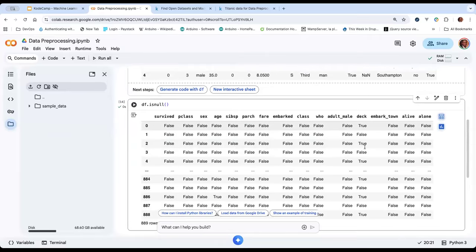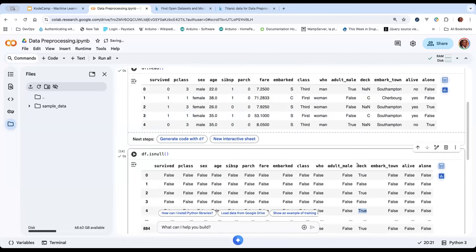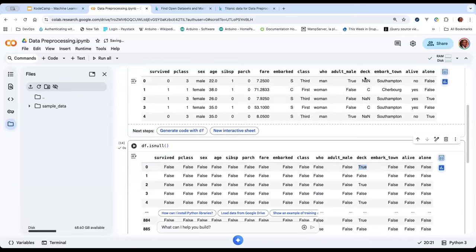If you look, this one has true here, this one has true, this one has true. If you look at this one that has true, deck corresponds to none. None means not a number, so it means that it is empty. Basically, there is no value in that particular cell. These three don't have values. That's why is null is now giving us true for those three.